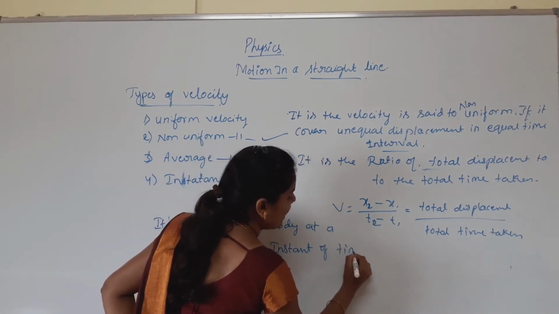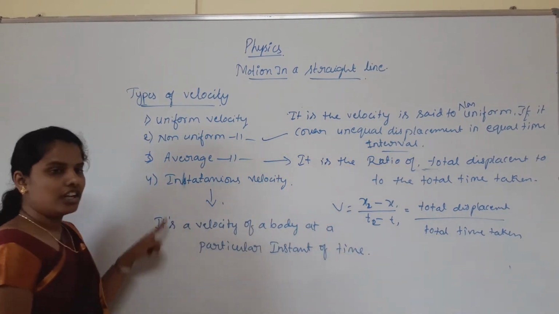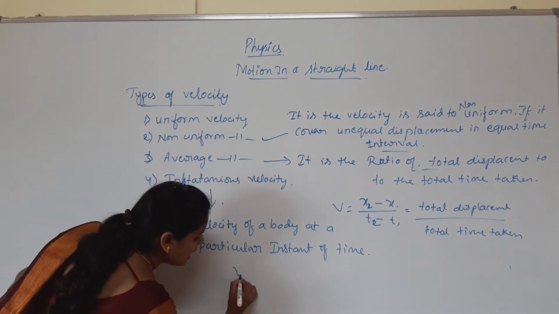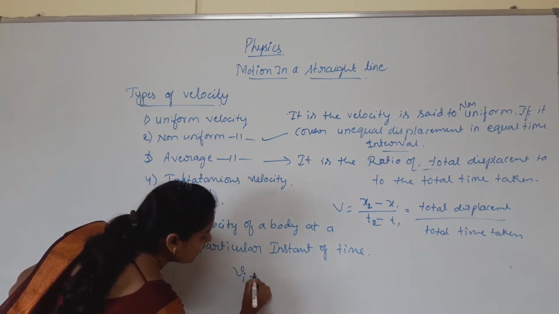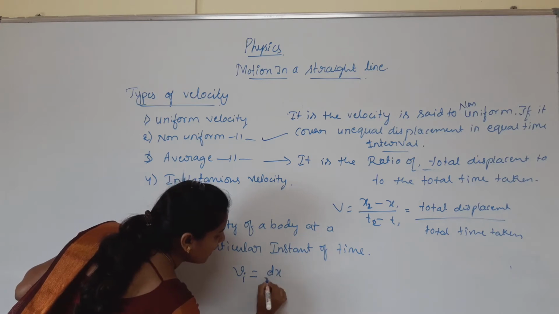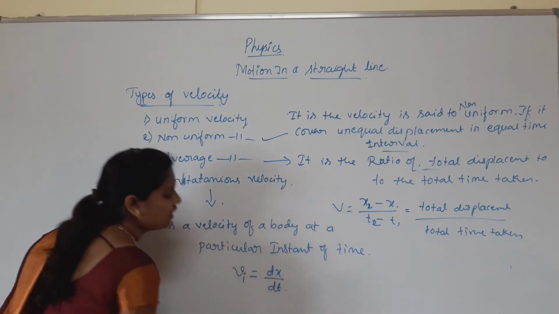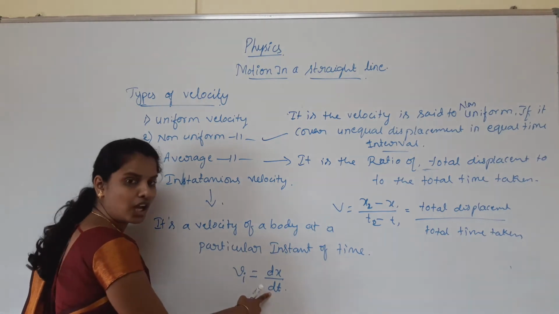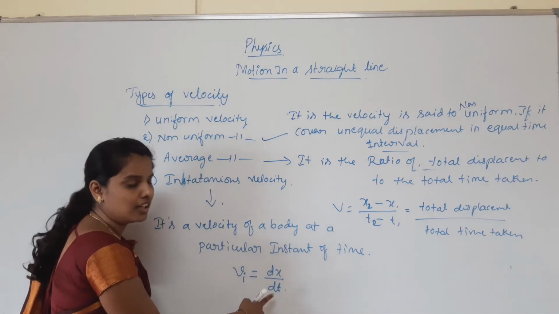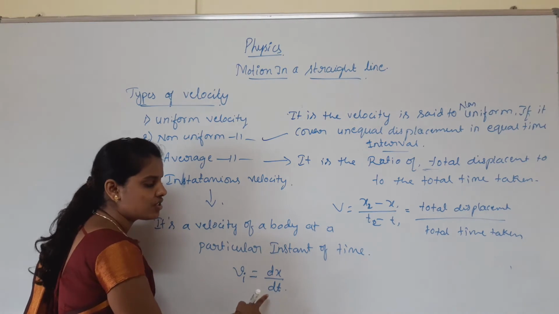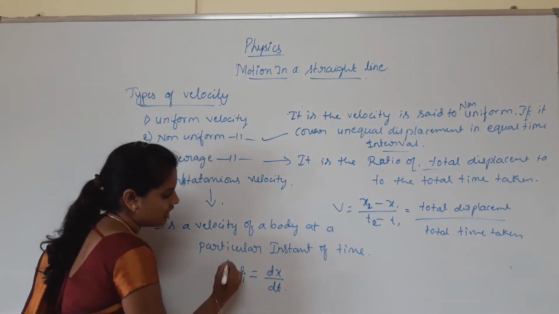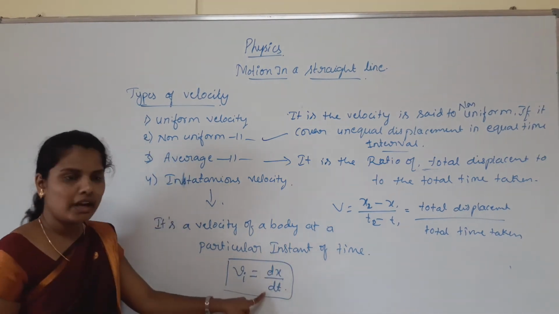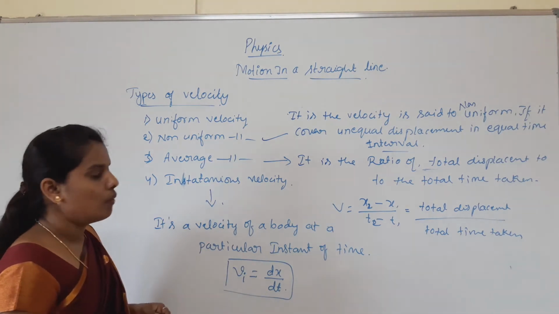It is defined as instantaneous velocity Vi equals dx divided by dt. This is the instantaneous velocity at an instant of time, where the time interval is the limit of t tends to 0. Therefore, it is represented as Vi equals dx by dt.